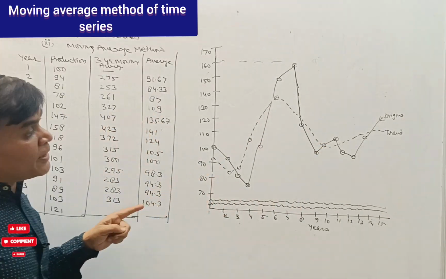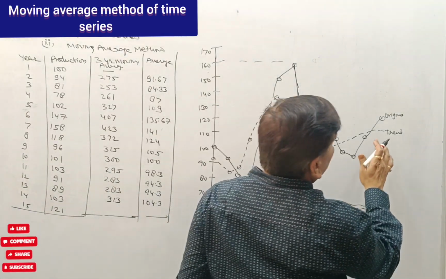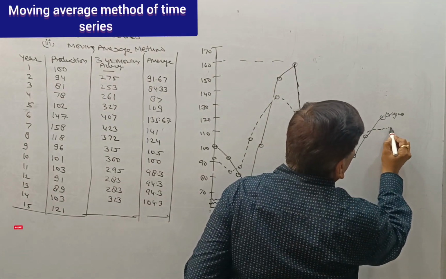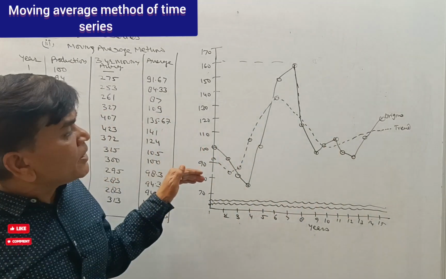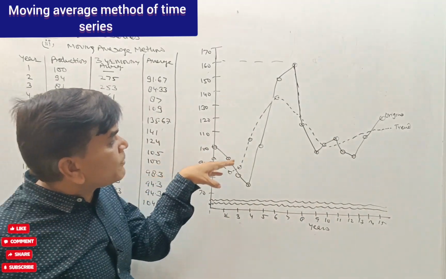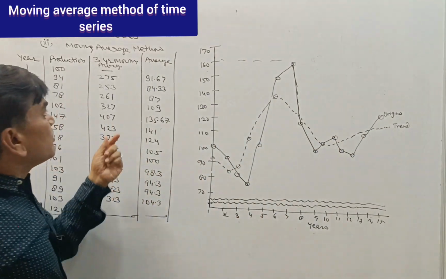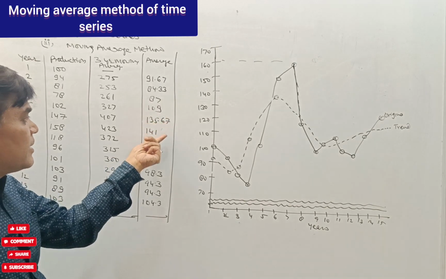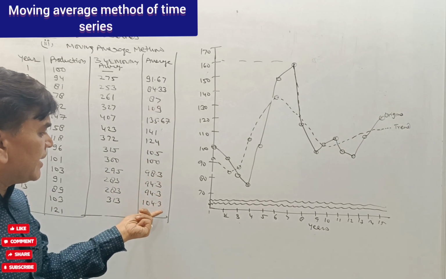So if you want any kind of forecast, you will make the forecast on the trend line, not on the original line. When you plot this on graph paper, you will certainly get this kind of graph, because this is increasing, decreasing, again increasing.